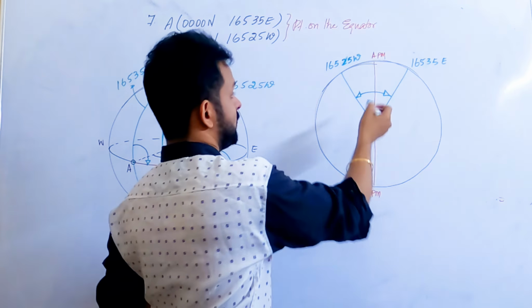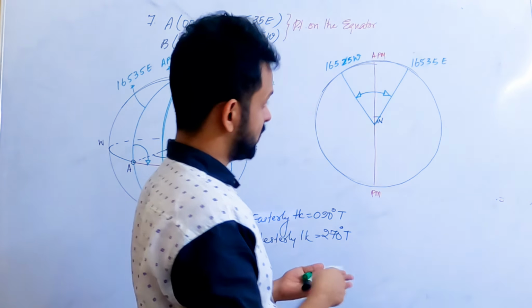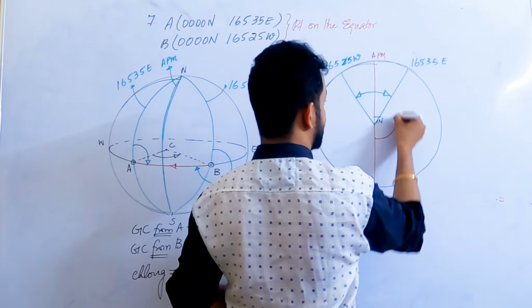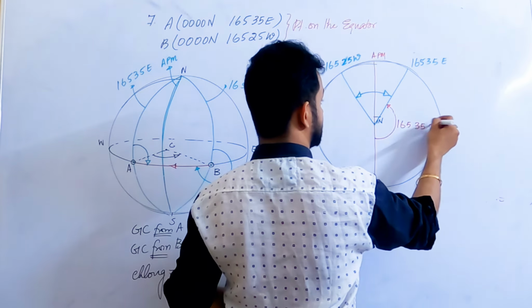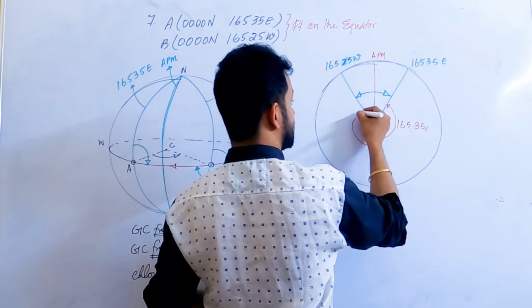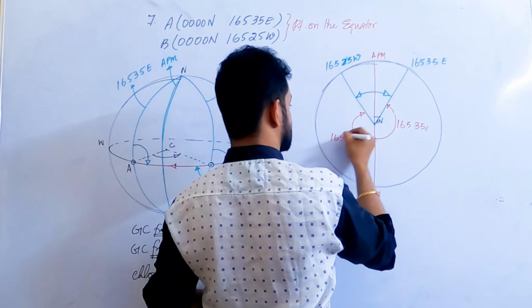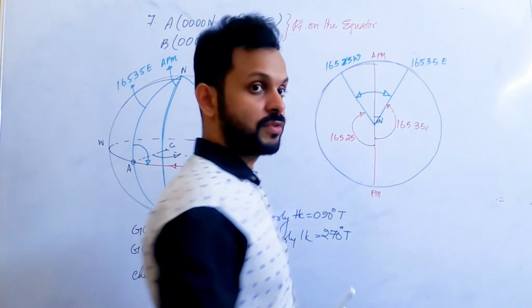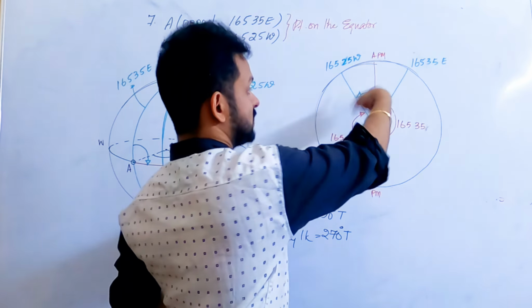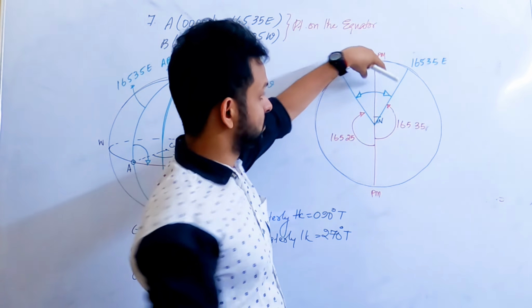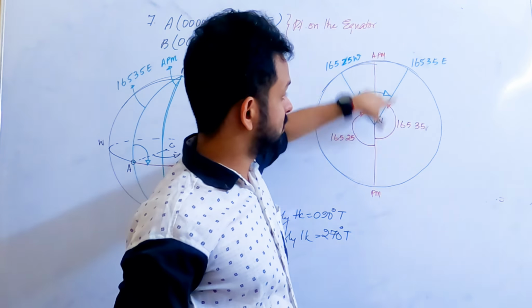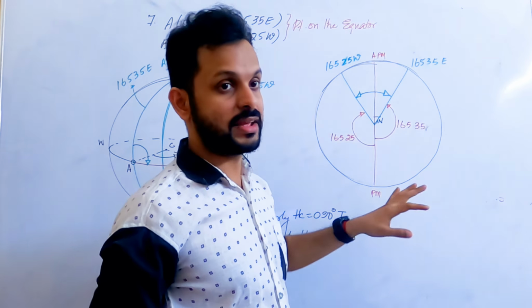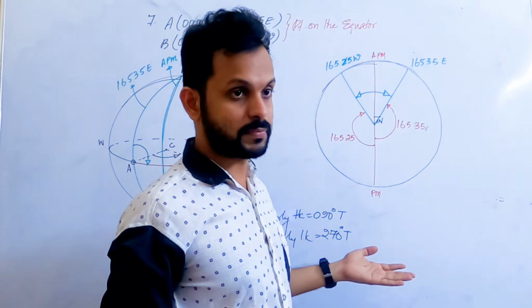This we are trying to measure. So you can see that 165.35 is this angle measured from the prime meridian towards the east, and this angle is 165.25 measured from prime meridian. So the total is 360. You can add these two, subtract from 360. That is going to be much easier than individually subtracting these from 180 and then adding, because ultimately it's the same.